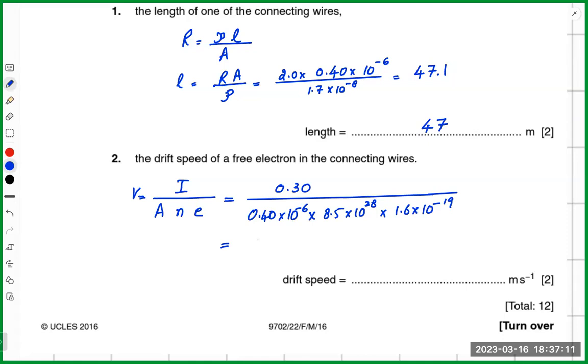And 5.5 meter per second. Are you sure? Can somebody confirm?